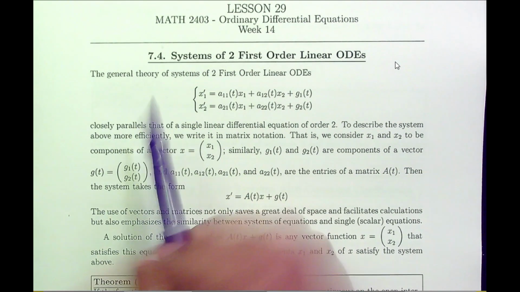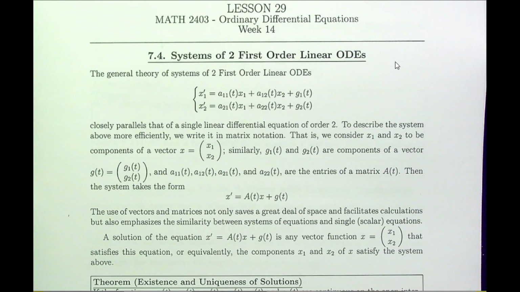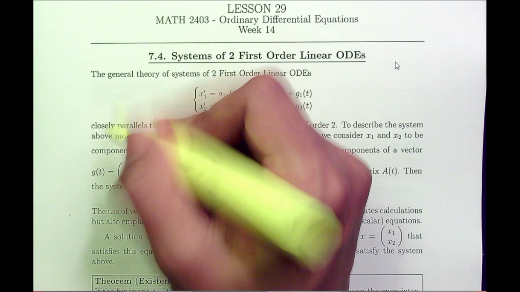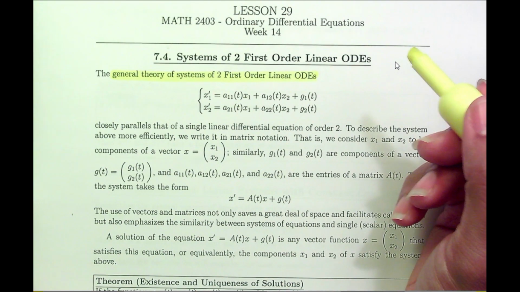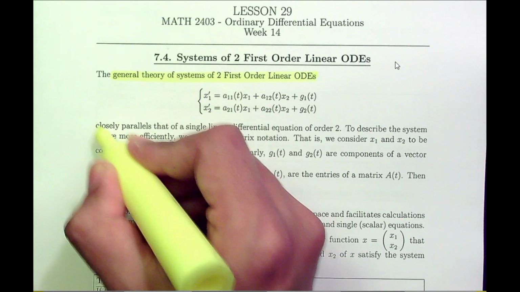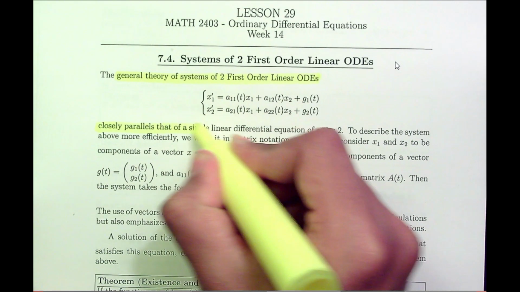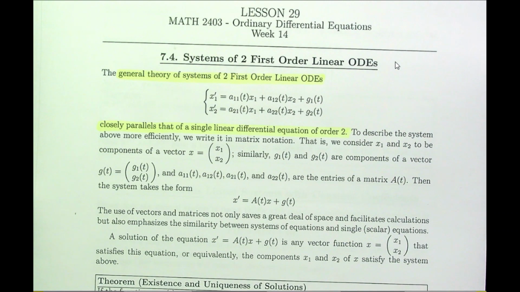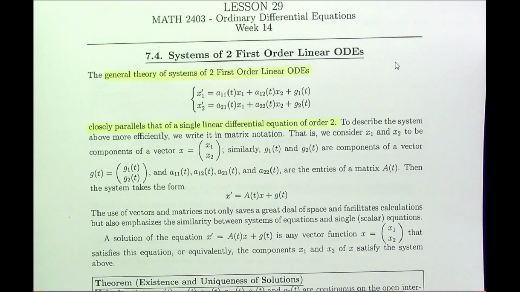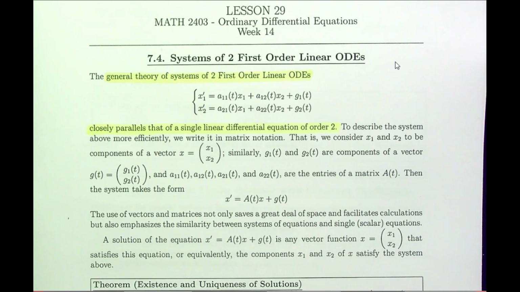First thing I'm going to say is that the general theory of two first-order linear ordinary differential equations closely parallels what we already know about single linear differential equations of order 2. So basically, it behaves very, very similar. And many of the things that we already learned show up in this case as well, so it can be generalized.